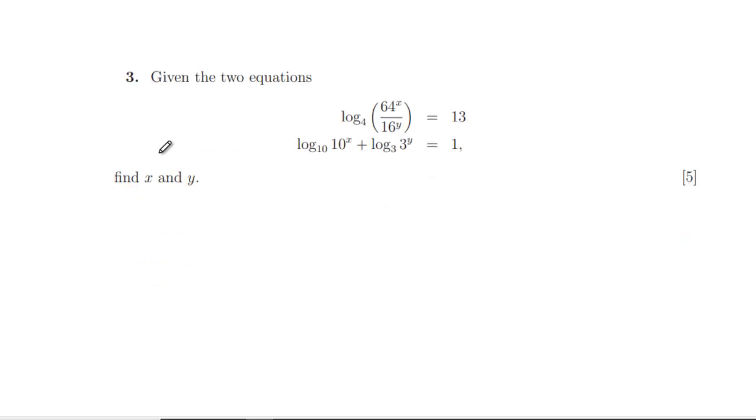Oh, logs. Right, great. We do like a bit of logs. So this is going to be what we got on all of this. So the top one, that's going to be log base 4 of 64 to the power x. So that is going to be 3x. And then the bottom one will be 2y that we have to take off. So that's just redoing the top equation.